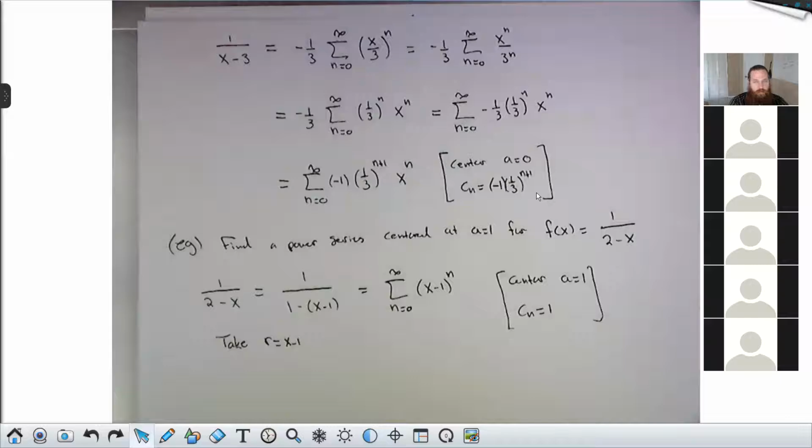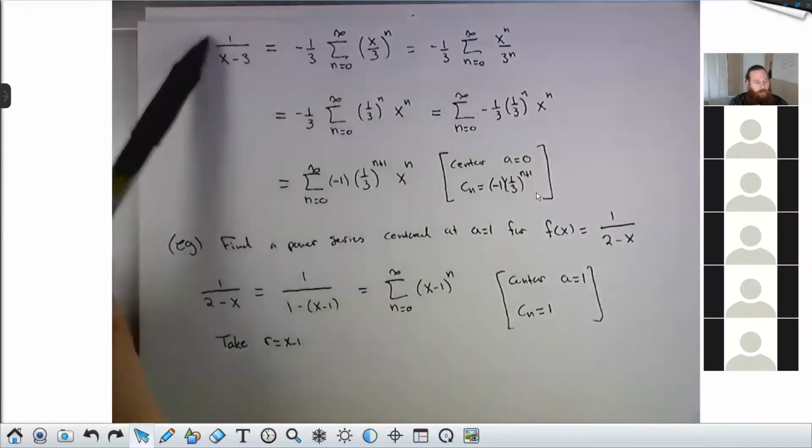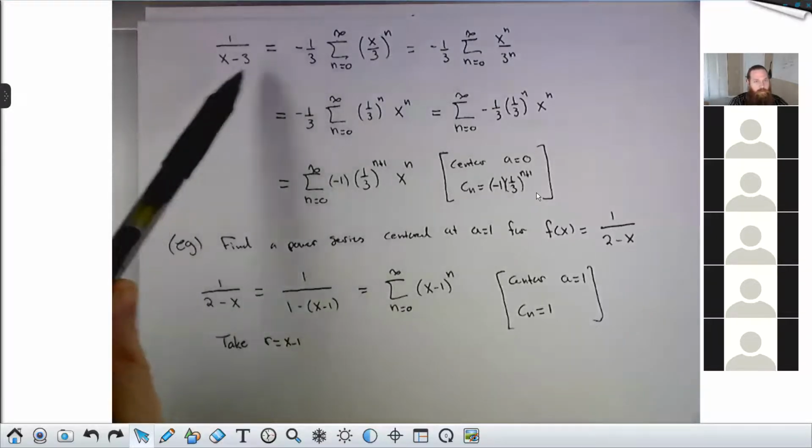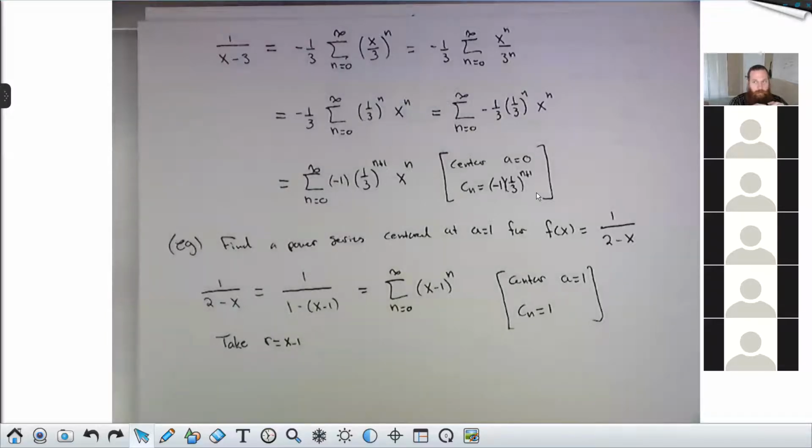What that means is I could give you any rational function, like 1 over x squared minus 9. You factor the bottom, do some partial fraction decomposition. Then you could write a power series for each of those pieces, which means, in theory, you guys can now write power series for any rational function.